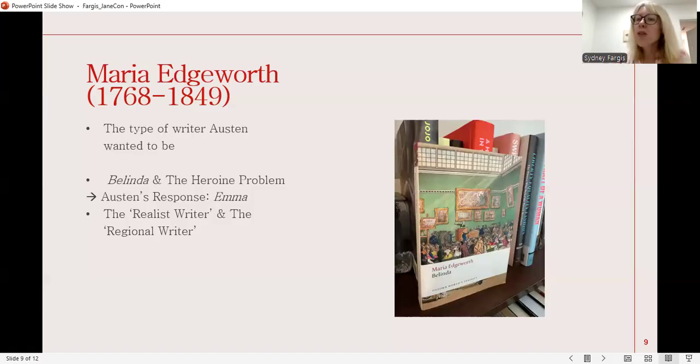So even though Edgeworth would certainly have qualified to be considered a realist writer, she becomes labeled a regional writer, an Irish regional writer to boot, which essentially seals her fate where the literary canon is concerned. And Austen sort of steps into, posthumously, of course, that category of the realist writer.